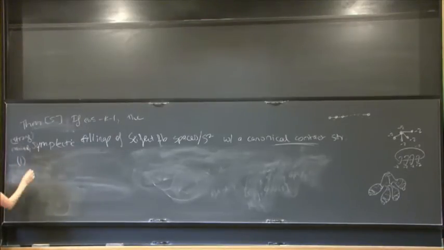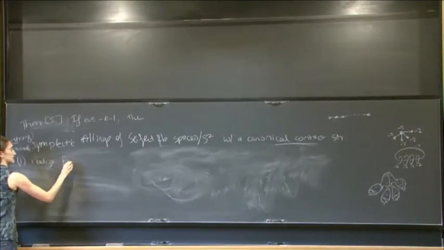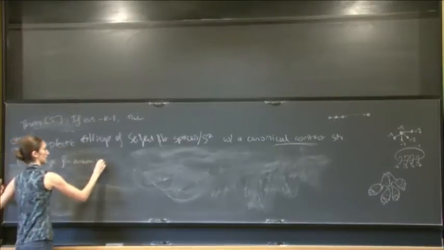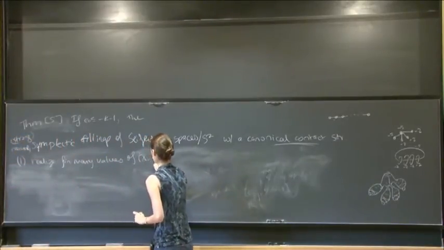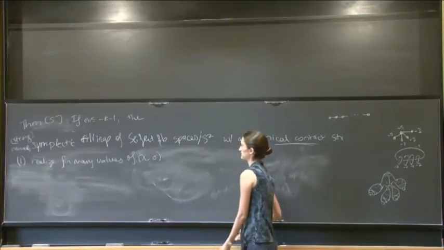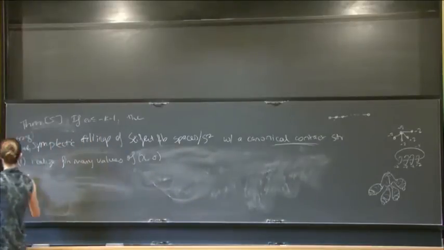Then first of all, these fillings are going to realize finitely many values of Euler characteristic and signature. So their homological invariants are restricted into some sort of finite range.